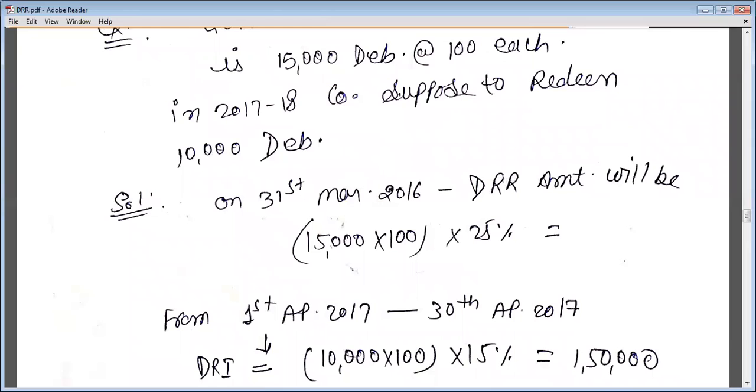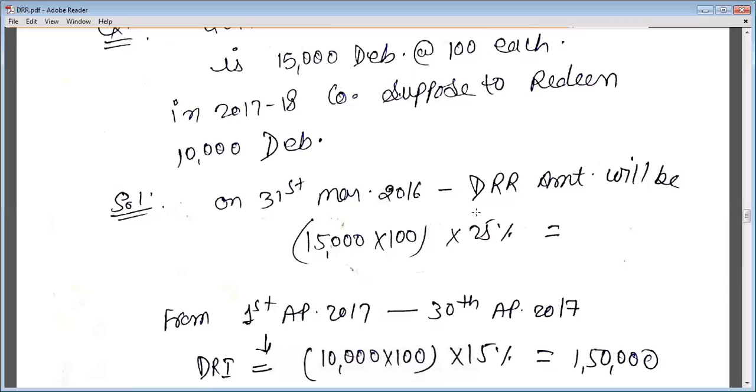So this is the major difference between DRR and DRI. And DRR is at least maintained. You have to create DRR at least by 25%. So it may be more than 25%. It may be 30% or 40%, but you have to create at least 25% DRR.